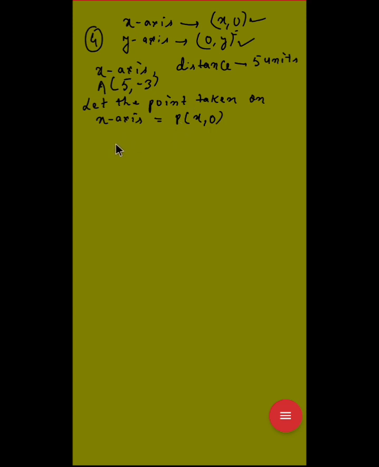Now we have a distance from the given question. The distance PA is 5 units. So now, we square both sides and apply the distance formula between them. Squaring both sides, we have PA squared and 5 squared over here.